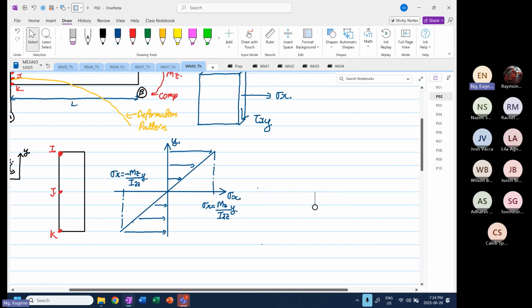Now the next thing I'm going to do is sketch the diagram of the shear stress, the distribution of the shear stress.